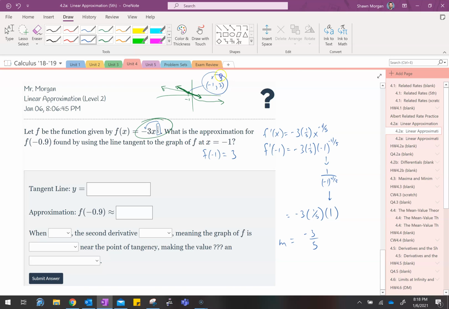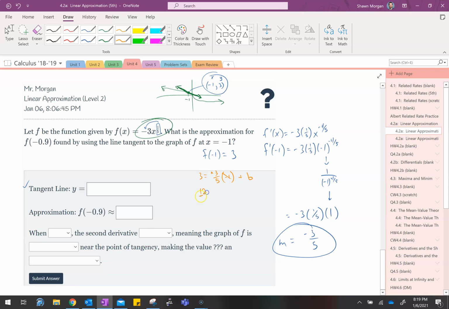So we've got our point, we've got our slope. So what we can now do is come up with the first thing that they've asked us for, which is that tangent line. I'll switch colors. We'll do this in orange, and we'll try and do it relatively quickly. y equals mx plus b. Okay, the two negatives are going to cancel out. Subtracting 3/5, 3 is the same thing as 15/5.